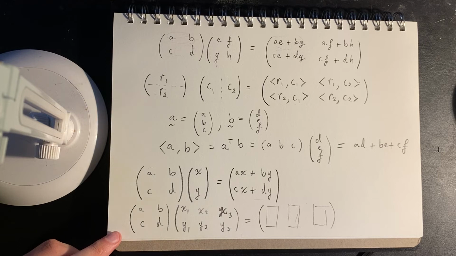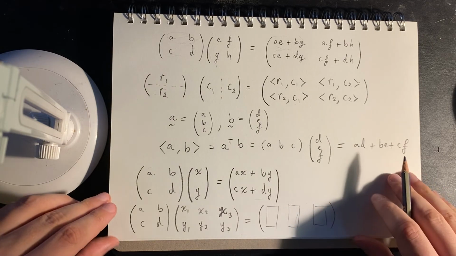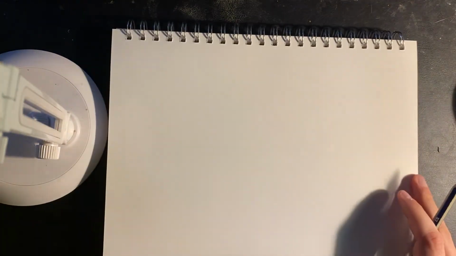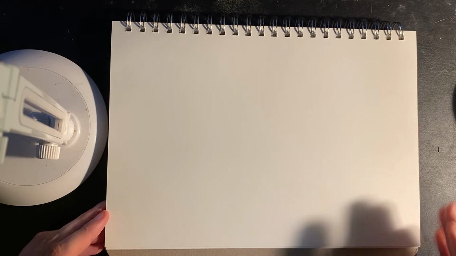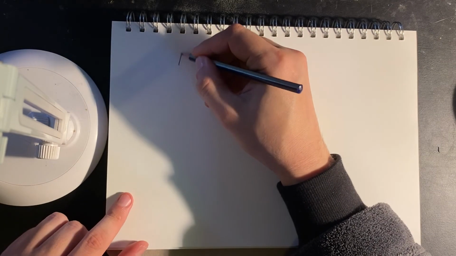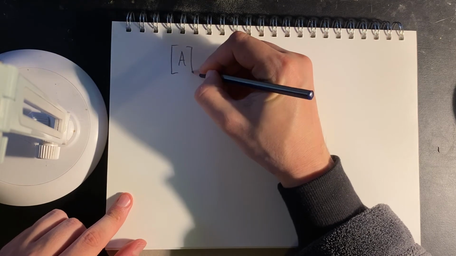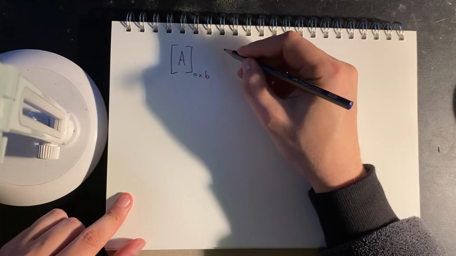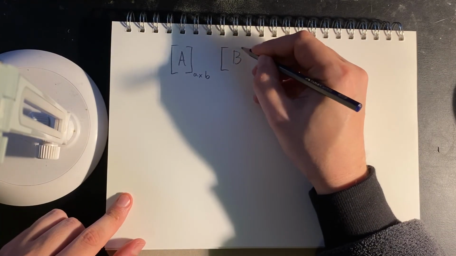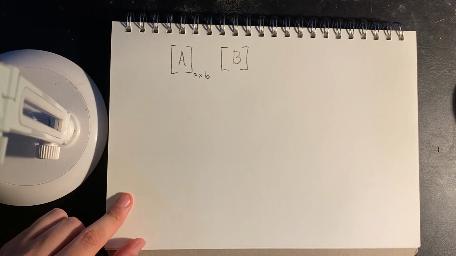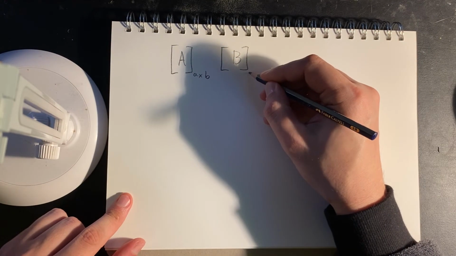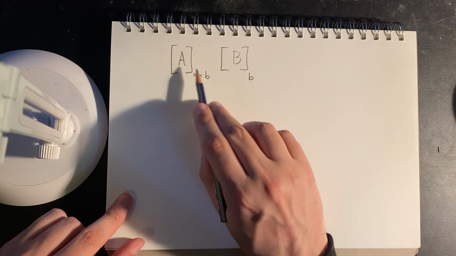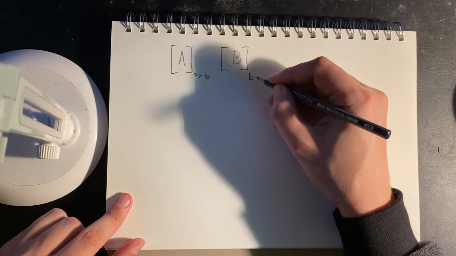Just a little side note on matrix transformations as well: dimensionality is really important. So if I have a matrix A, whose dimensions are A rows and B columns, and I multiply it with another matrix, what needs to happen is the number of rows in B has to match the number of columns in A. I call this inner dimensions.